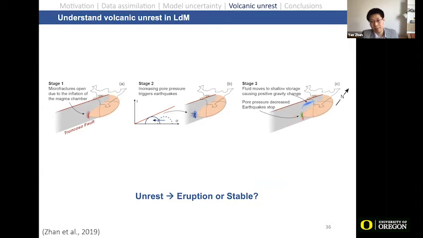And the fluid can keep moving upward to create some positive gravity change and also some low resistivity zone. So we argue that the pore pressure increase triggers the earthquake, which actually releases some stress accumulated in the fault zone. So it will, at least, make this part more stable.